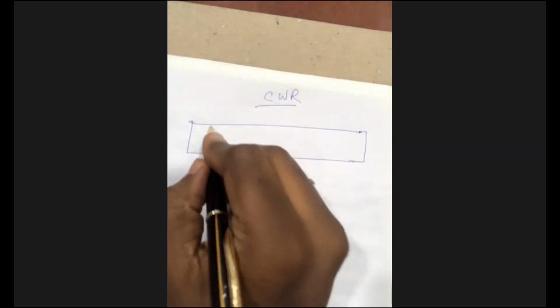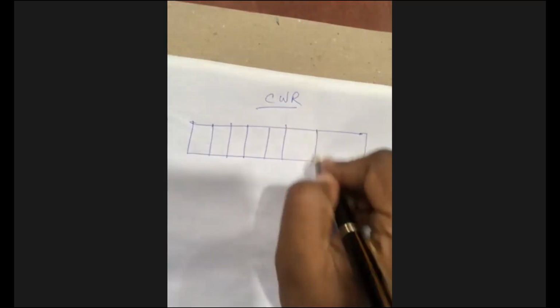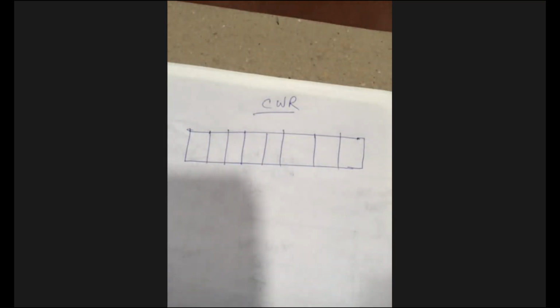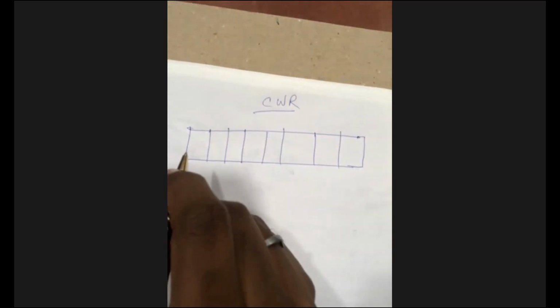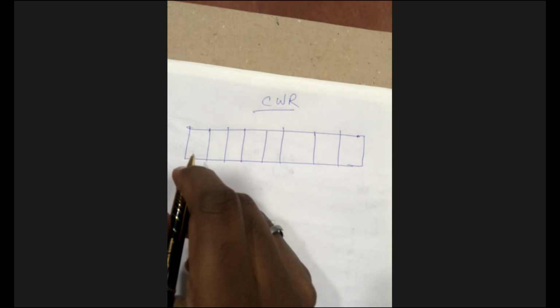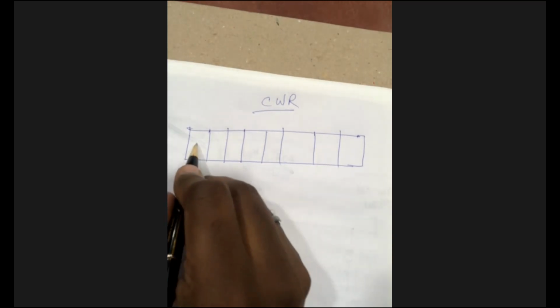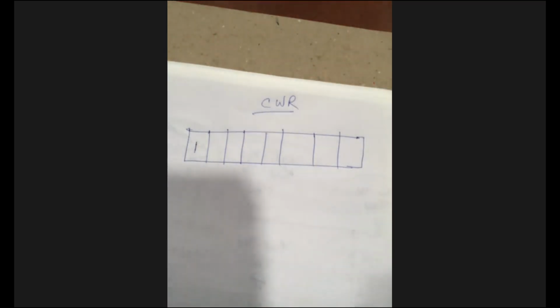Tell me the value. Now you should calculate what the value will be. All the ports will be used as output ports. So it should be IO mode, which means 1.